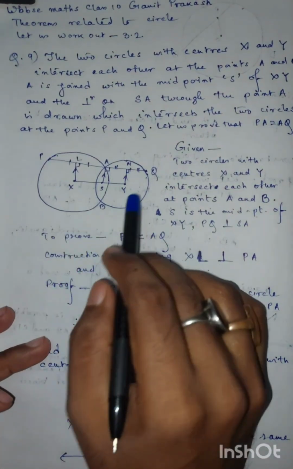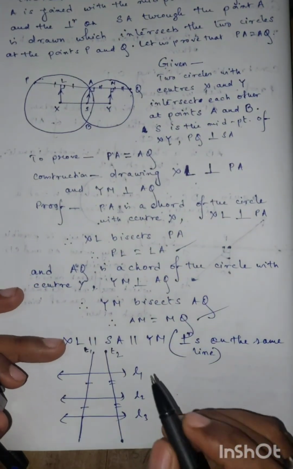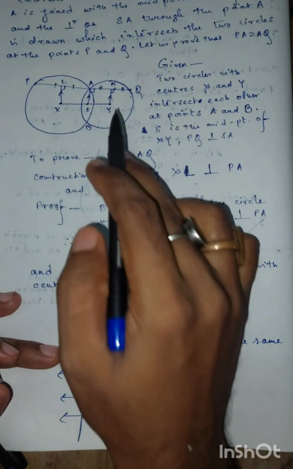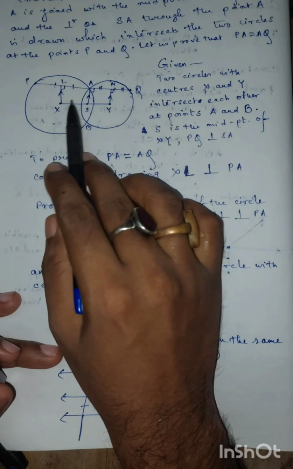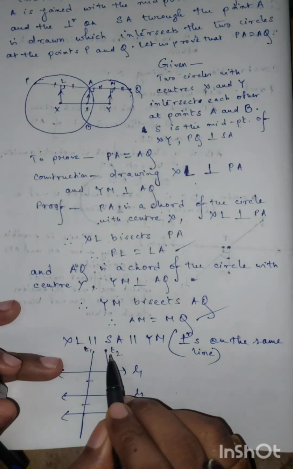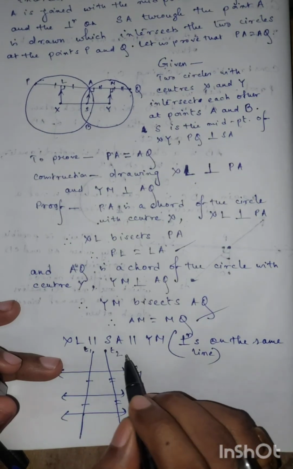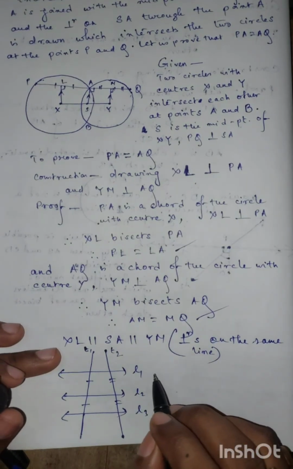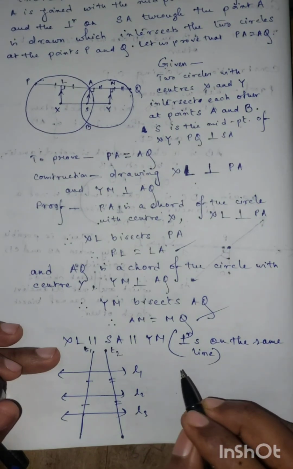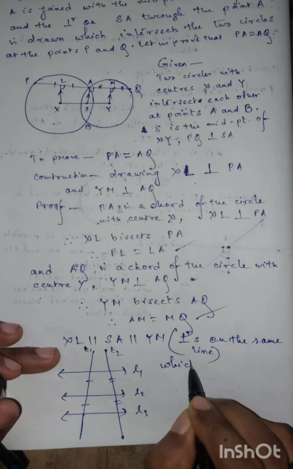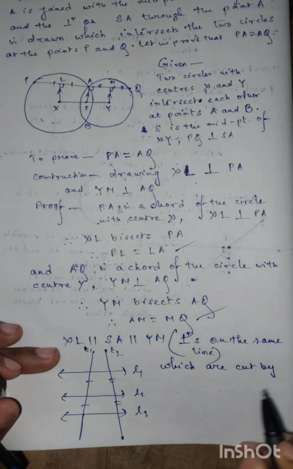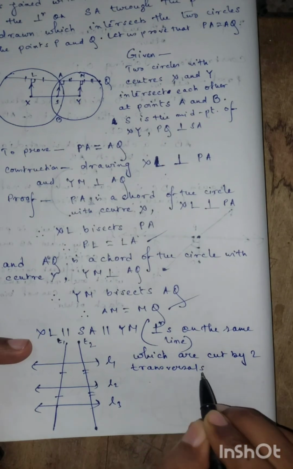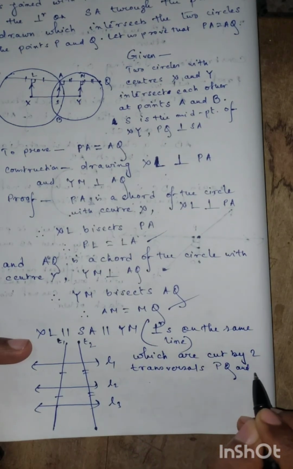So similarly, in this case, these are three parallel lines, XL, SA, and YM, which are cut by two transversals, PQ and XY.